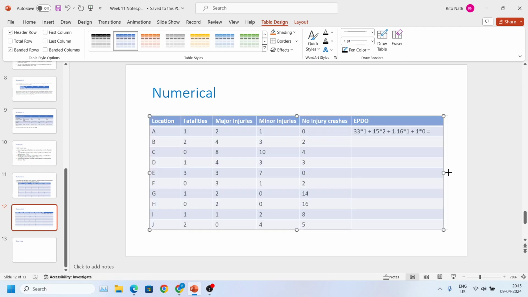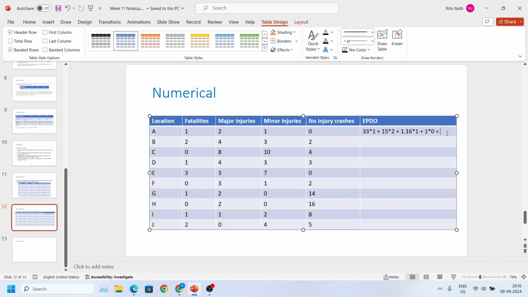So that will be your answer. So here it comes out to be 64.16.